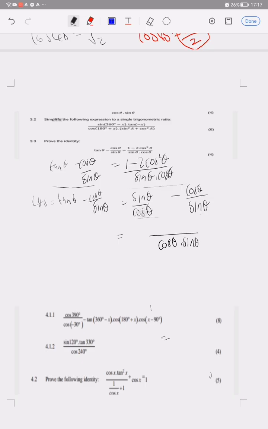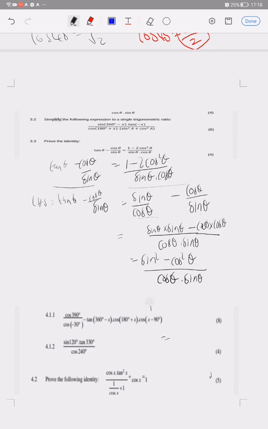Dividing by cos theta, I'm left with sine theta, so it's sine theta times sine theta, minus, dividing by sine theta, I'm left with cos theta times cos theta. So when I simplify, I have sine squared theta minus cos squared theta over cos theta sine theta.